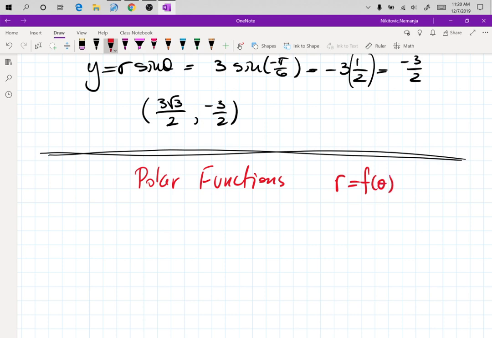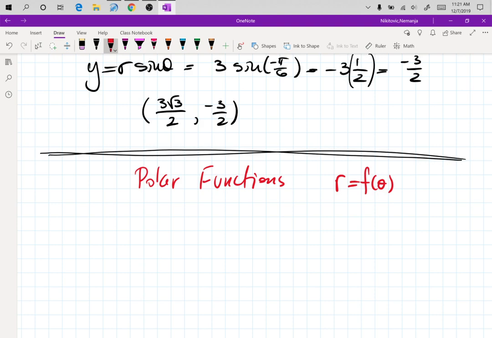So angle is the input and the length of the radius is the output. Now this is going to lead to some very interesting types of functions.